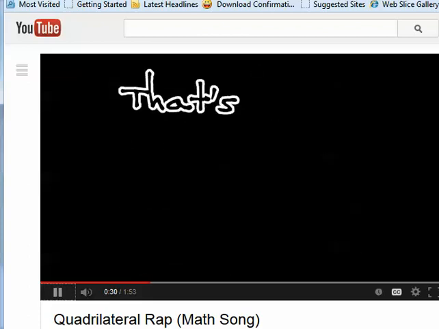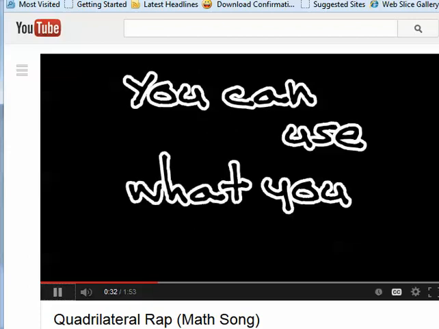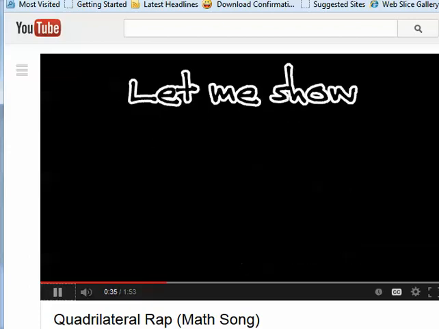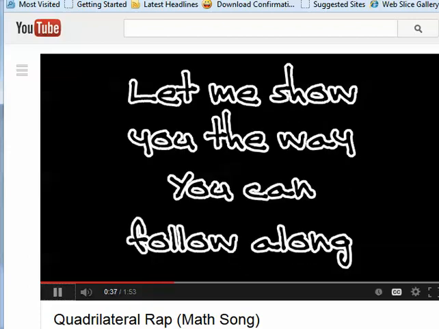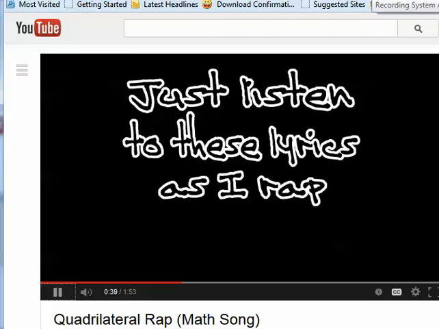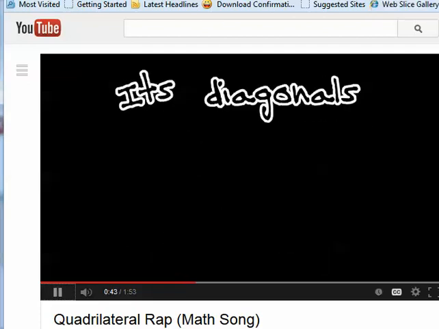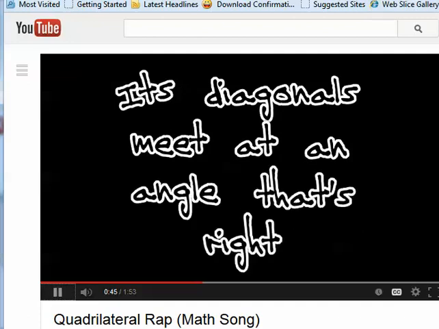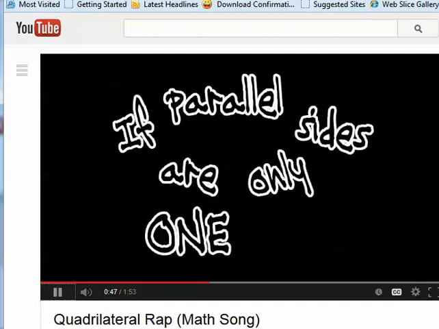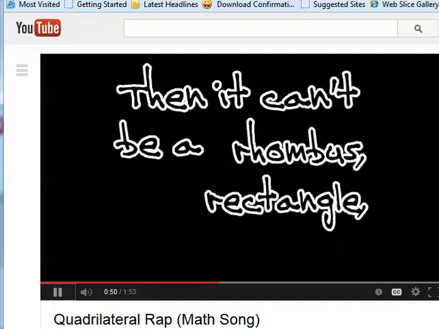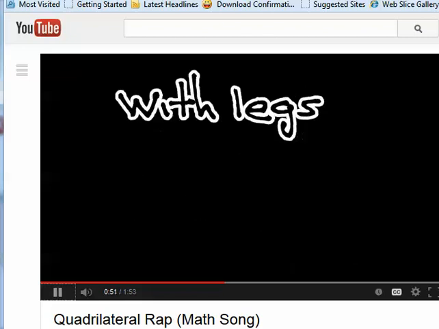Find parallel sides. That's the way to start. You can use what you find to tell the shapes apart. Let me show you the way you can follow along. Just listen to these lyrics as I rap the song. No parallel sides, it could be a kite. Its diagonals meet at an angle that's right. If parallel sides are only one pair, then it can't be a rhombus, rectangle, or square. It's a trapezoid with legs and bases times two.